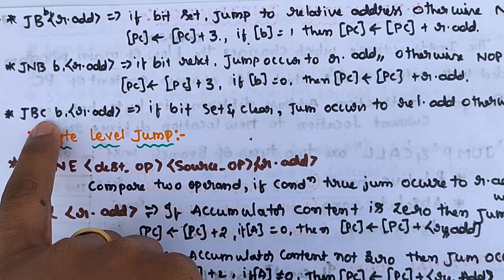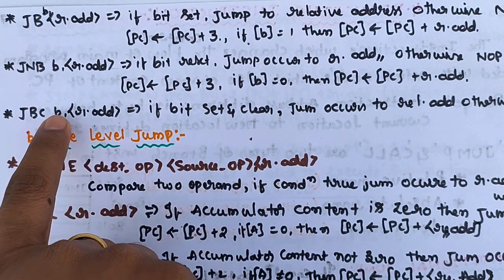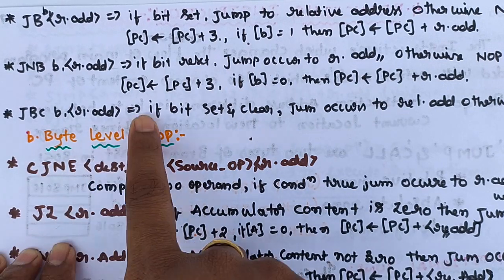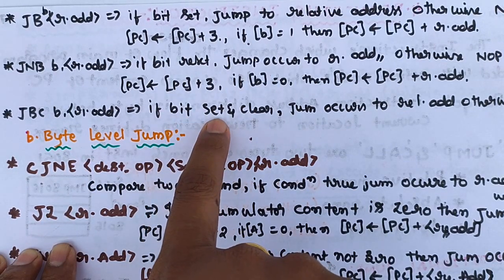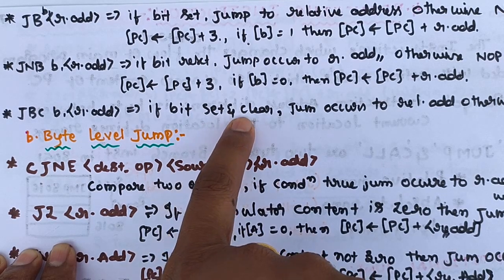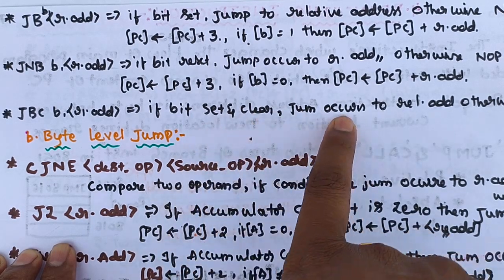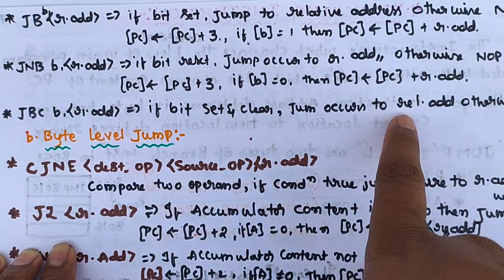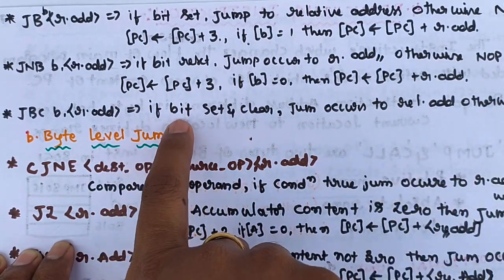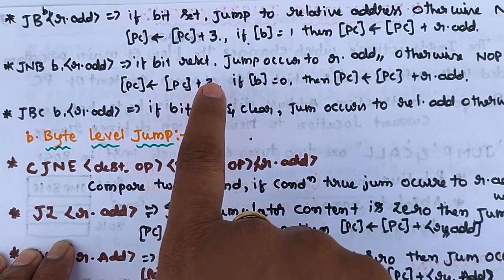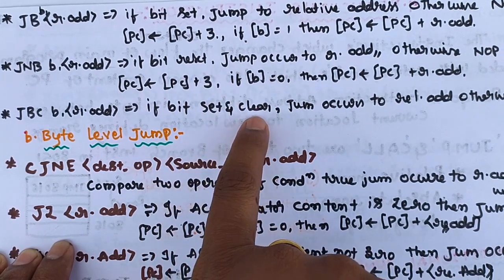And JBC, jump if bit is set and clear the bit, to the relative address: once the bit is set, and once it gets cleared, then the jump will occur, otherwise it will execute the next instruction. That means once the bit is set, it will get cleared.